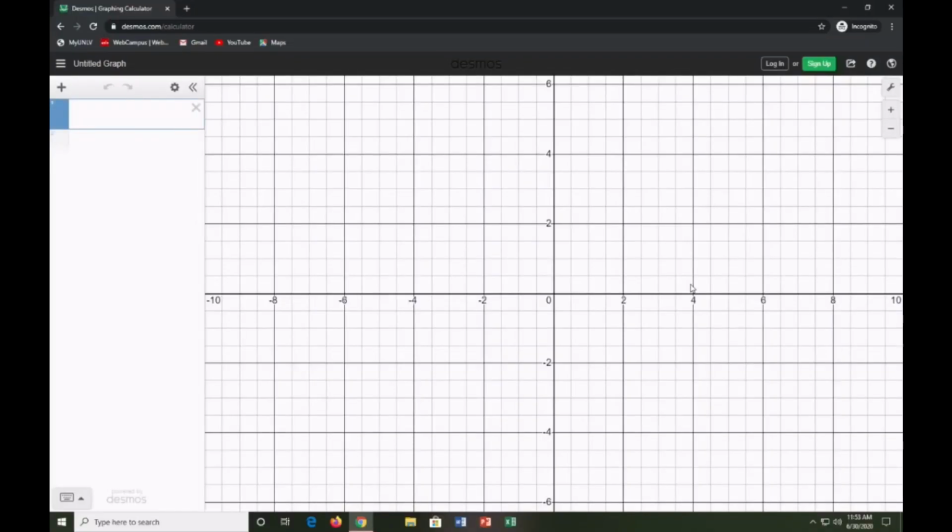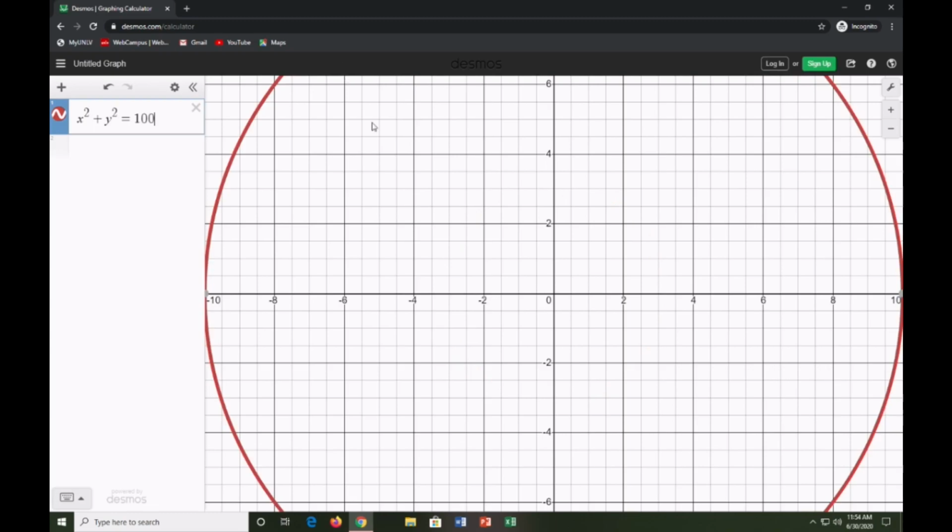Okay, now we're back. All right, so let's graph that first system of equations on page 1 of the worksheet. We had x squared plus y squared equals 100.